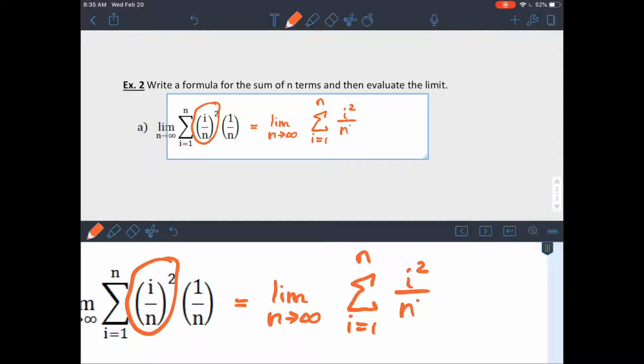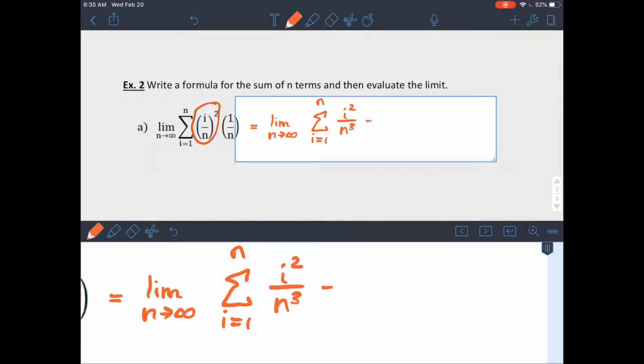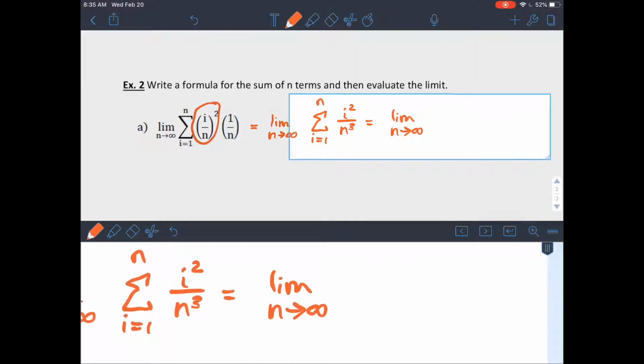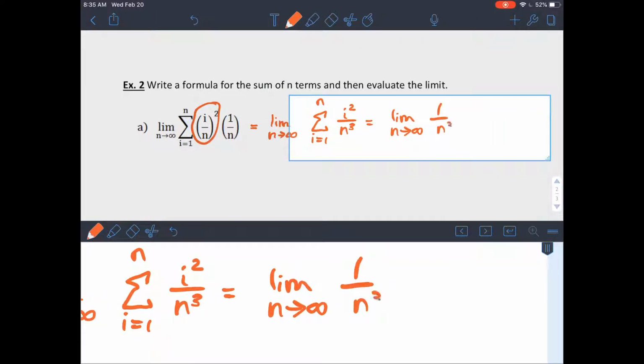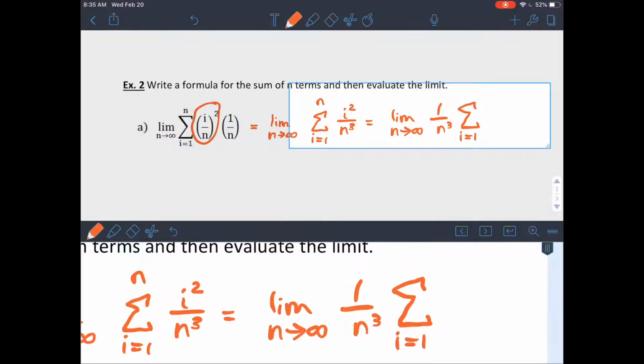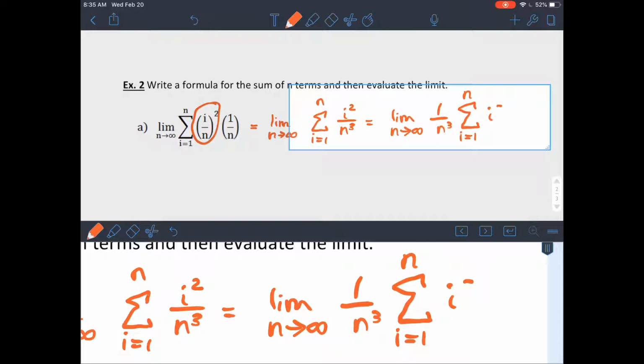So I would start by going ahead and simplifying a little bit. So multiply and square your i over n, and then I'll go ahead and multiply it by 1 over n to make it n cubed. So the only thing that's changing as you go through this sum term by term is your index i. n's a constant, so I'm just going to factor that 1 over n cubed out.